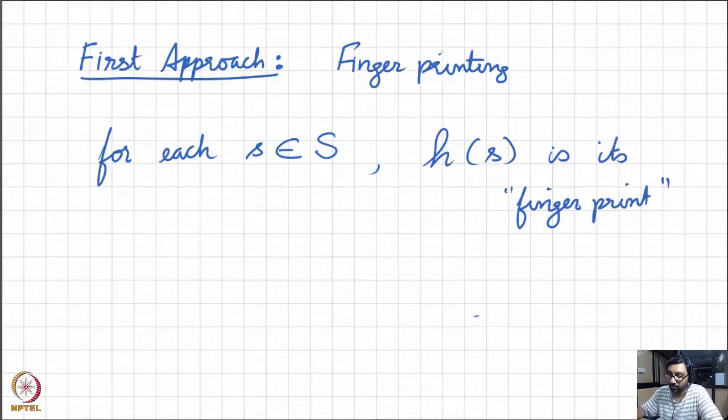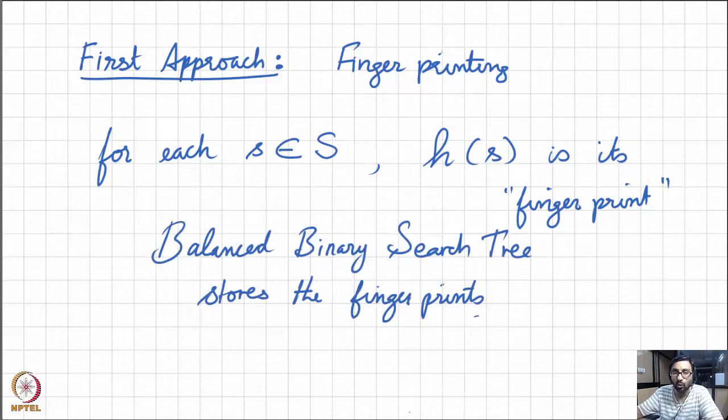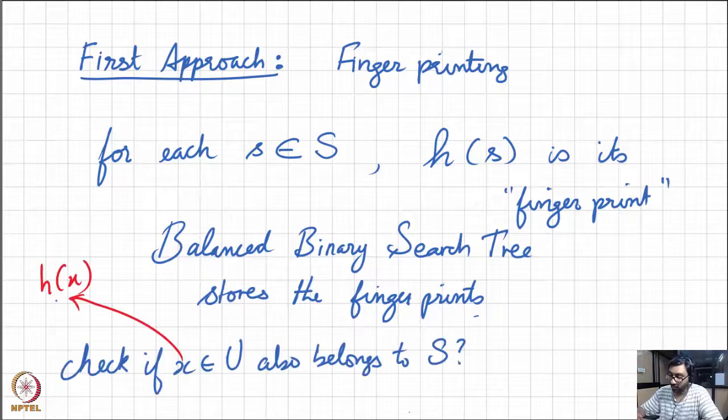So, for example, let us consider the case where these fingerprints, these hash values, are stored in a balanced binary search tree. When we have to check whether a particular user ID is already used, we compute the hash value of the user ID that we need to check.